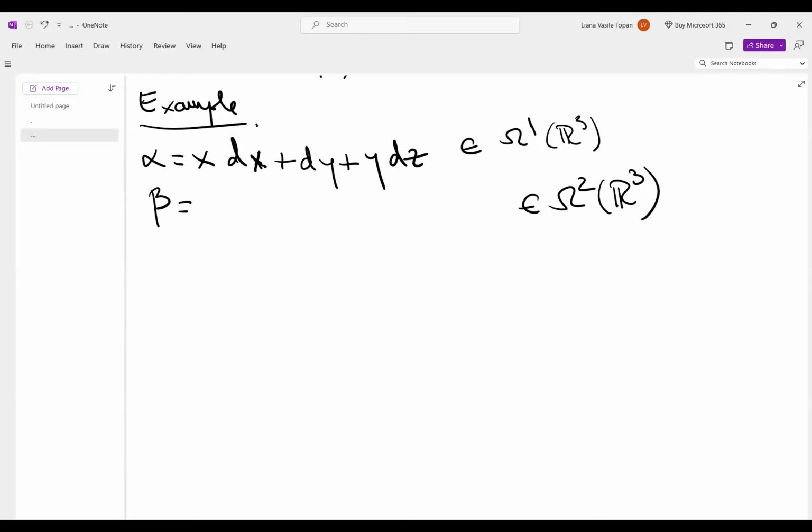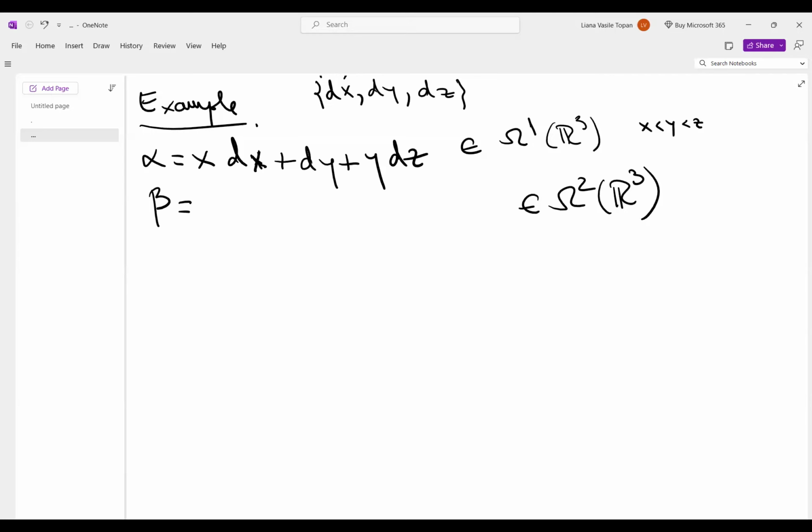All right, so you will have what? The basis will be given by wedge products, so for R3, for omega 2, you will have wedge products of two differentials, right? To get a basis, you'll have increasing order. So imagine that x less than y less than z, right? This is the order, alphabetical order.